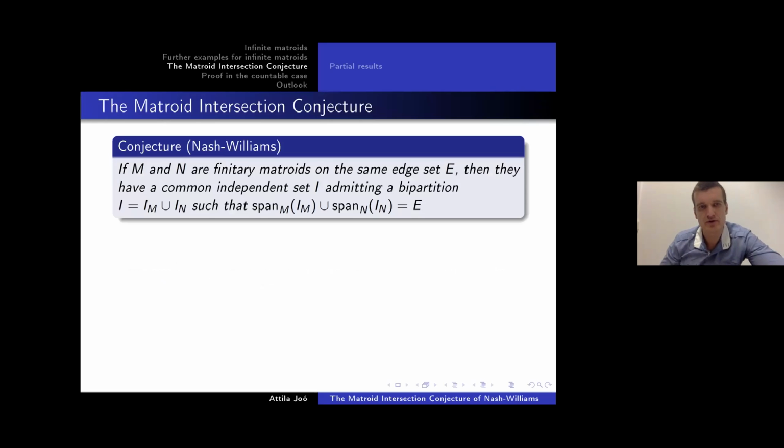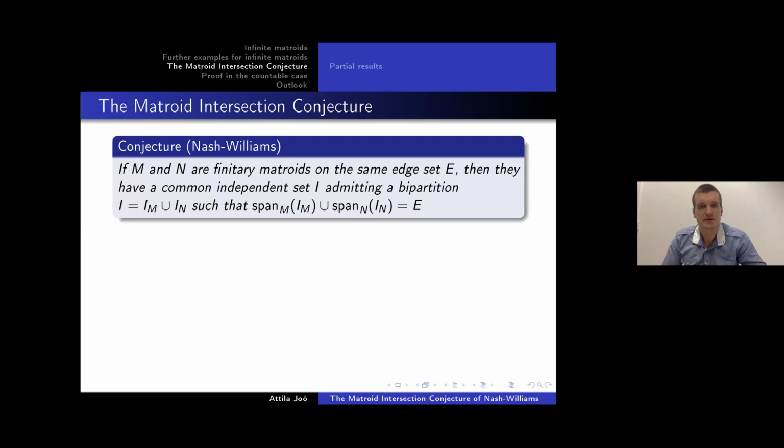Okay, so let's turn to the matroid intersection conjecture. This is a conjecture of Nash-Williams, and it is exactly the infinite generalization of the matroid intersection theorem of Edmonds, translating it using the combinatorial structure of the optimal solution instead of quantities.